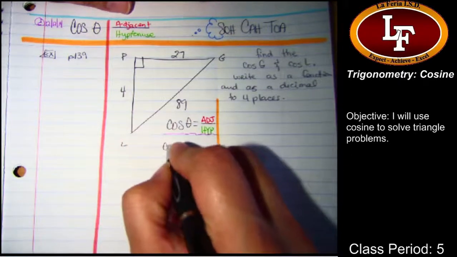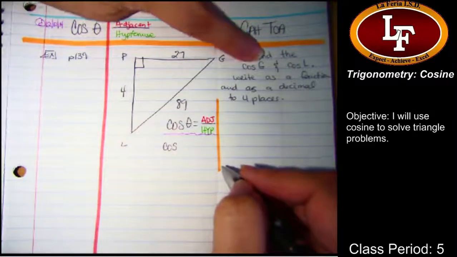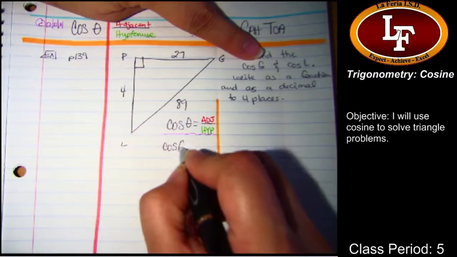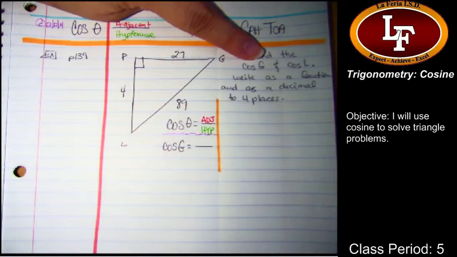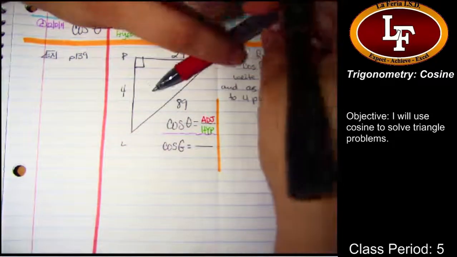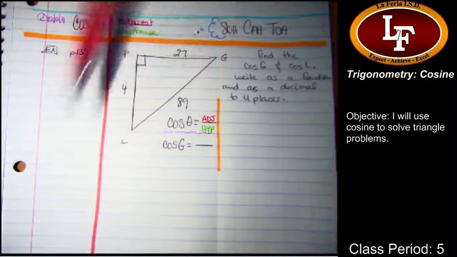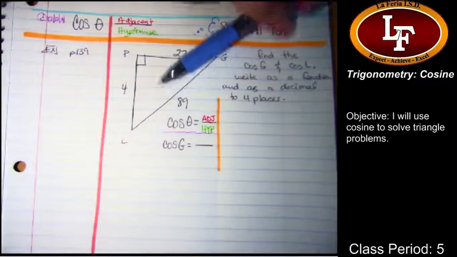We're going to substitute for what I have. The first one says cosine of G. So the cosine of G equals the side adjacent to G divided by the hypotenuse. We're going to use the same sort of trick from yesterday when we were finding the sine.